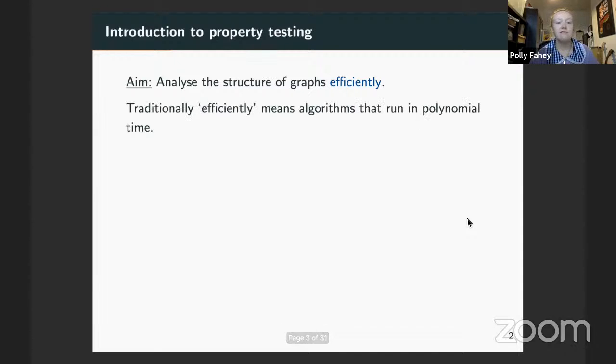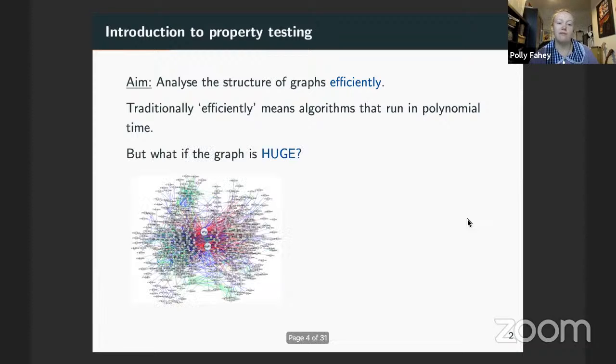So traditionally, efficiently means algorithms that run in polynomial time, a polynomial in the number of vertices in the graph. But what if the graph is huge? So maybe it's so large that it's not even feasible for us to read the whole graph once. And therefore, even linear time algorithms that we know are too slow and we cannot run them on this graph. And we know that these large graphs do appear in practice, for example, in biological networks and social networks.